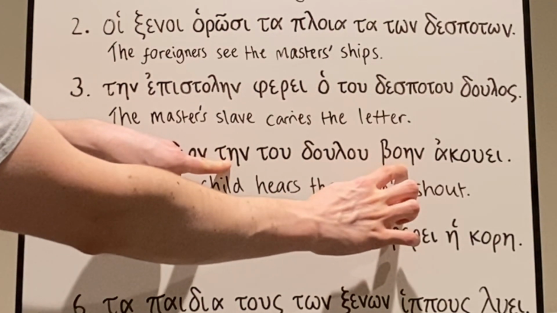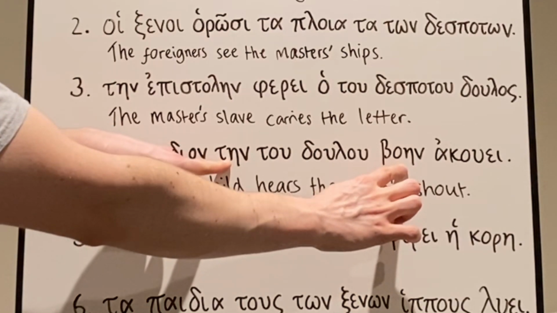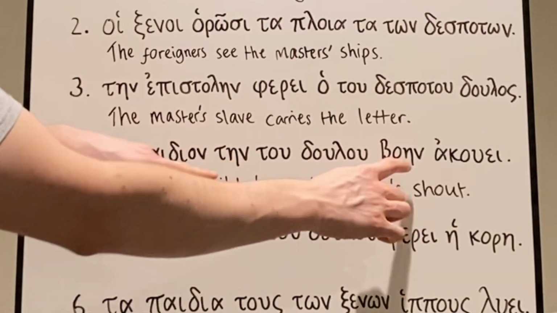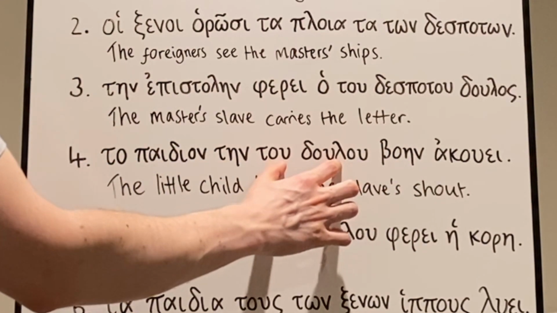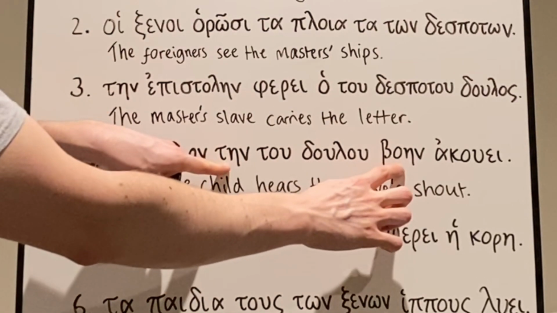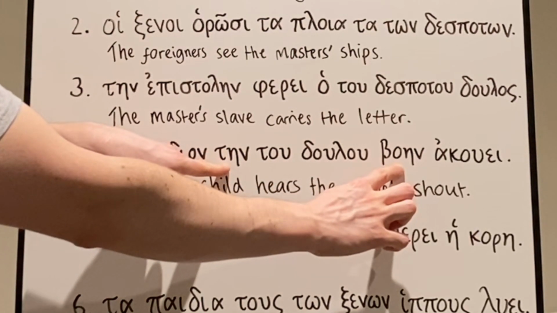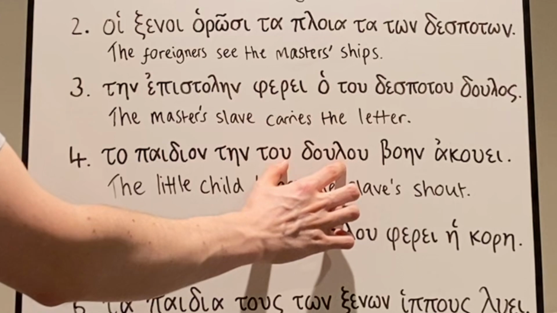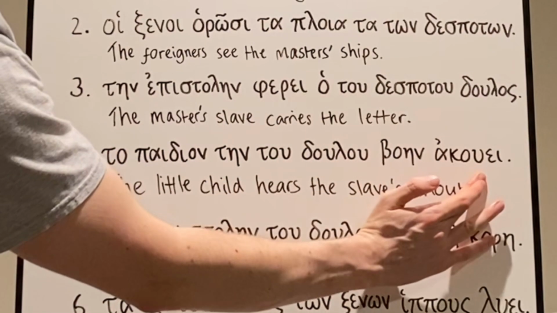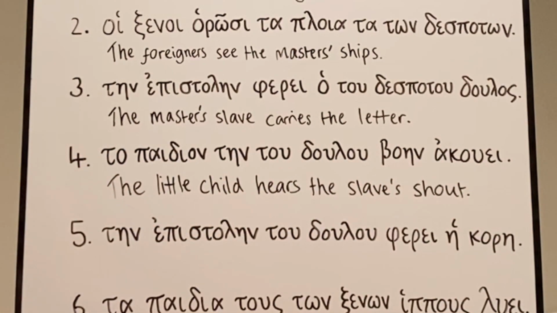So we know the shout is in the accusative, the shout is the object, then we've got of the slave, and since it's in the middle of the shout, we know to translate this literally as the shout of the slave. Then at the end we've got the verb akouei, which means he, she, it hears or listens to.